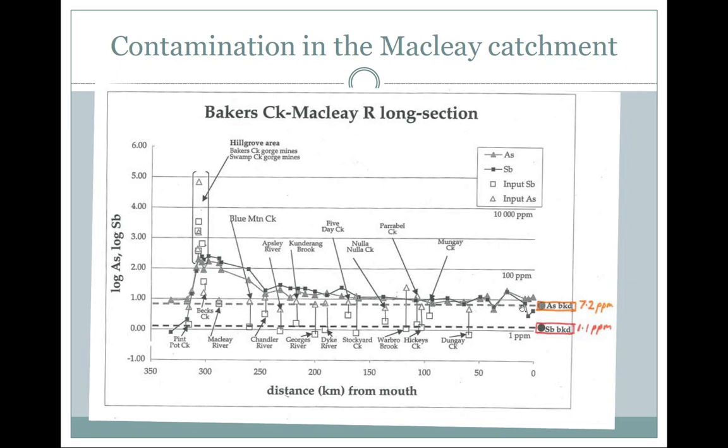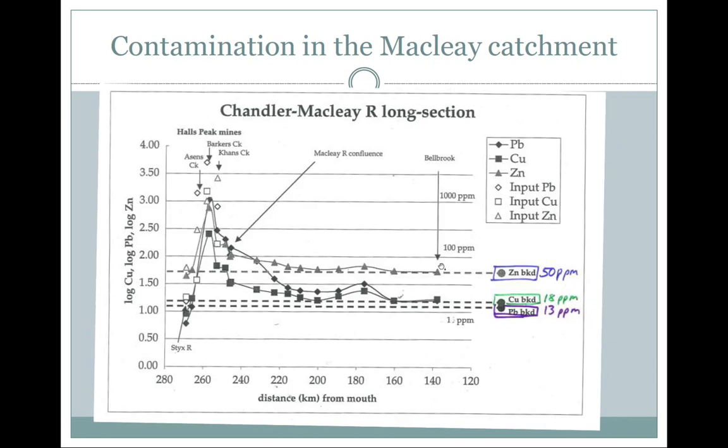So we have this prominent contamination of heavy metals into the catchment, which can cause big issues depending on its bioavailability in the environment. And here's just some examples of background concentrations, and we're elevated relative to those. And here's the Halls Peak, Chandler, Macleay cross section, looking at zinc, copper, and lead.